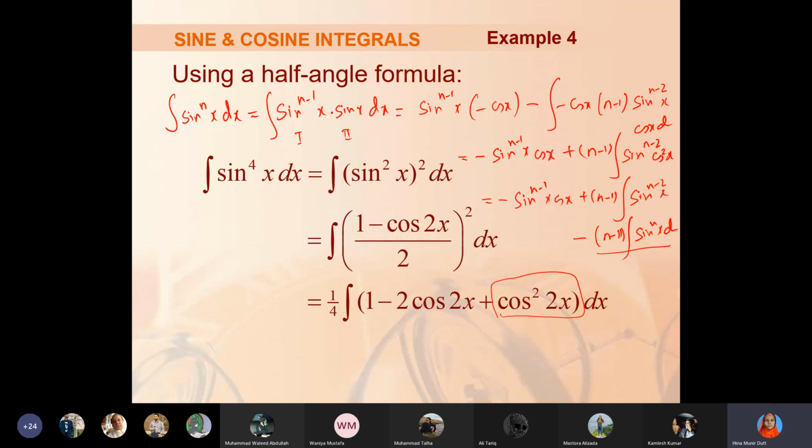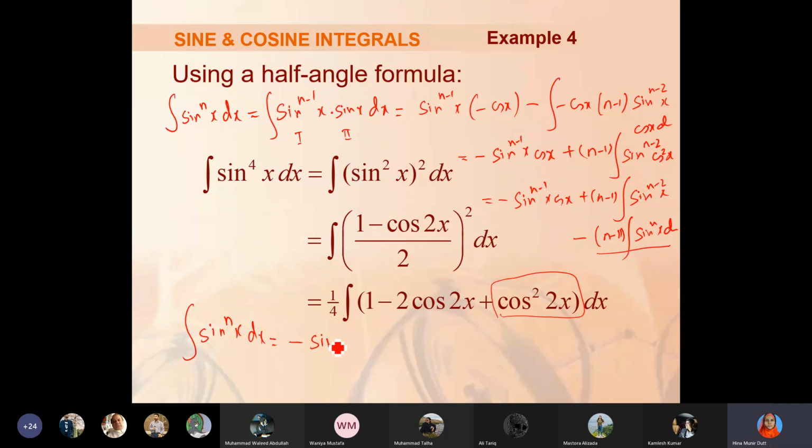So here I will get, again I get this sine nx, integral of sine nx dx. I can take it to the left hand side. So 1 plus n minus 1 becomes n, integral of sine nx dx.